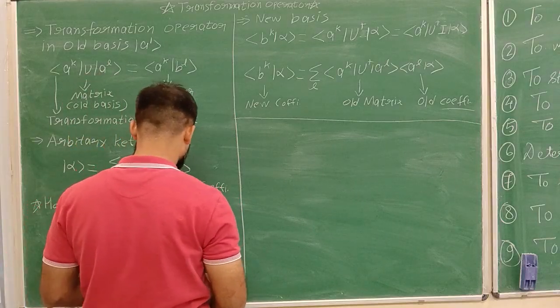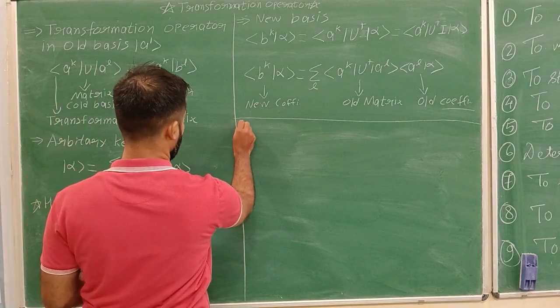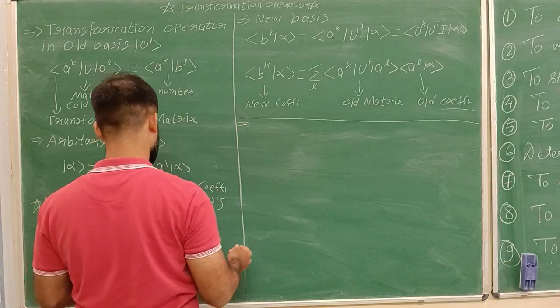So now the next thing is: what is the relationship between the old and new matrix elements of some observable?